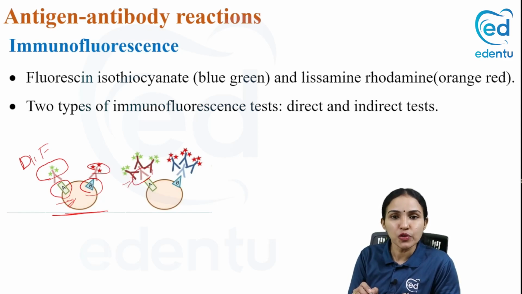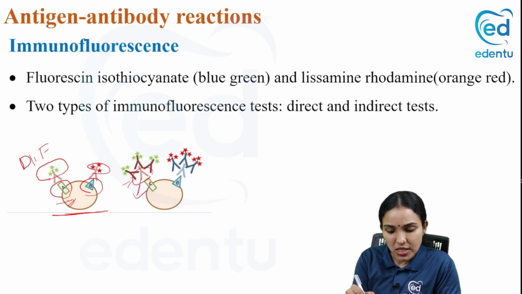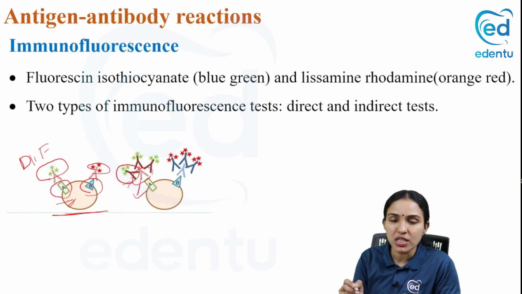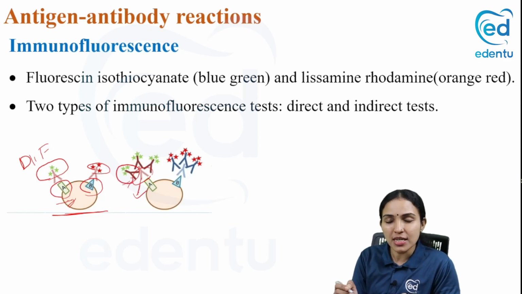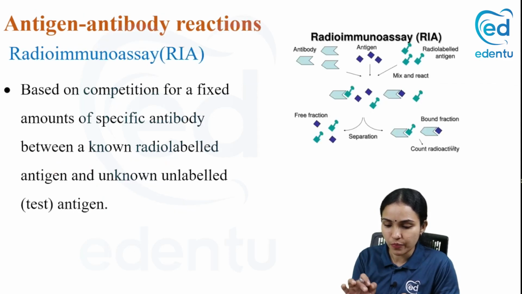If you get a positive fluorescence, that indicates this patient's serum contains anti-A antibody. So here you have a primary antibody present in the patient's serum, and you add the secondary antibodies conjugated with the fluorescent dyes. That is why it's called indirect immunofluorescence. It's mostly like your ELISA, but we are conjugating not with an enzyme but with fluorescent dyes. So that is about immunofluorescence.